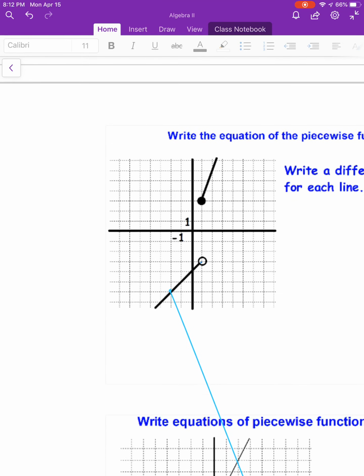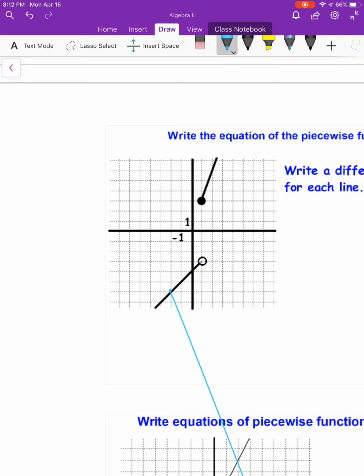Okay, so I'll pick that number, and I'll pick that number. And I'm just going to use the slope of up 1 over 1, because remember, slope is rise over run. So in this one, the slope would be 1 over 1, so 1.